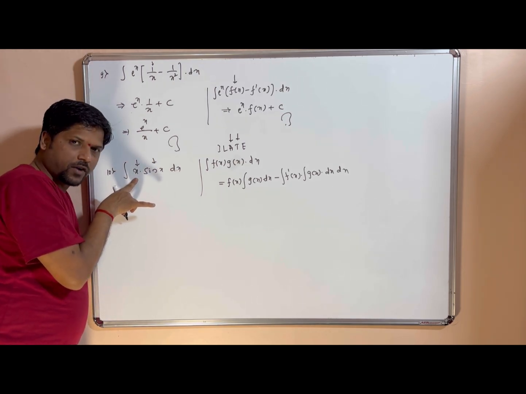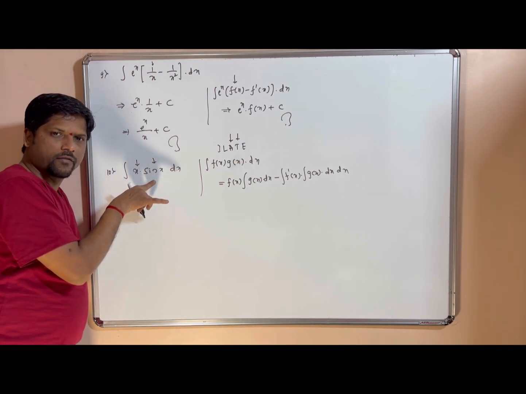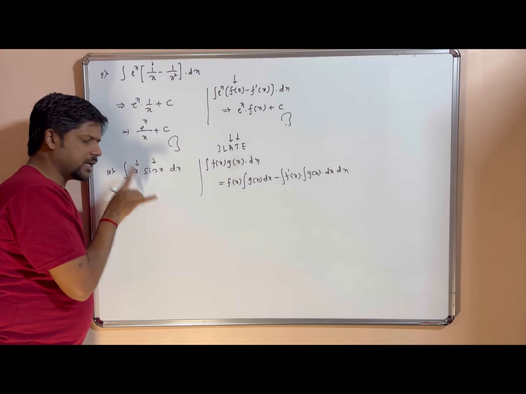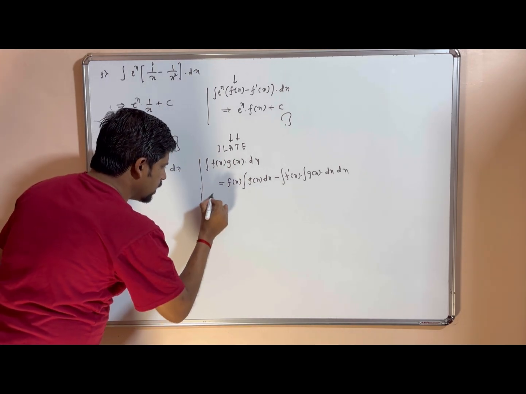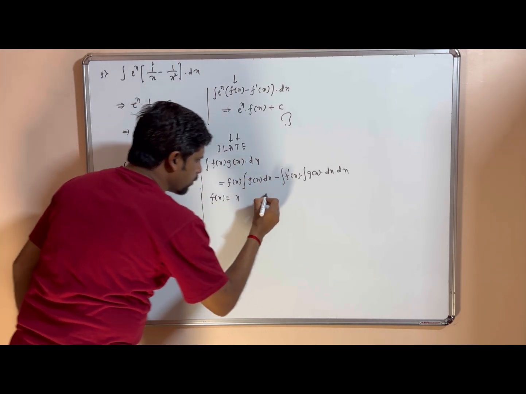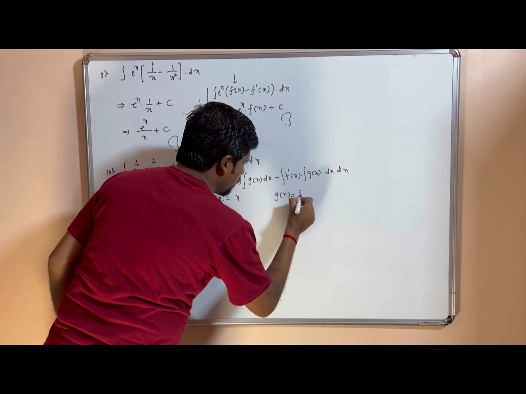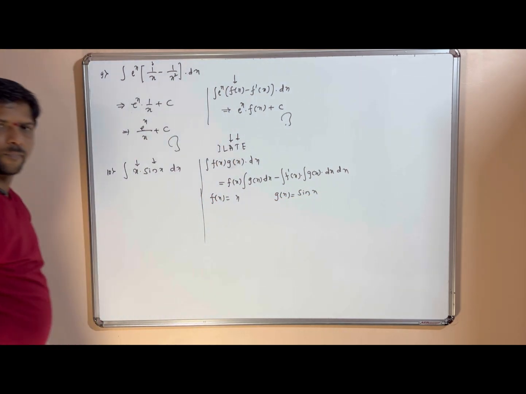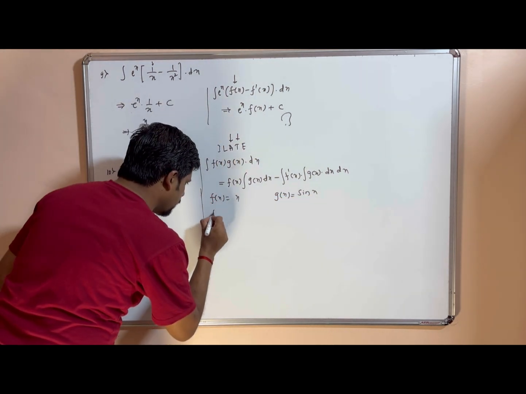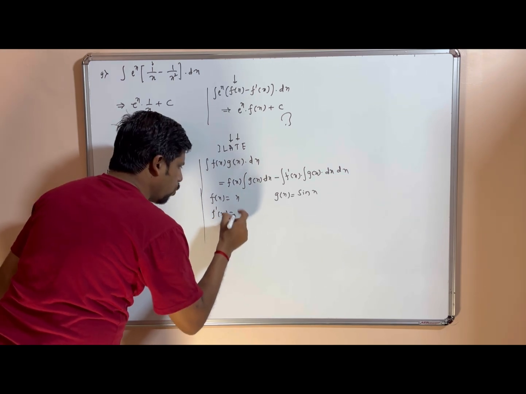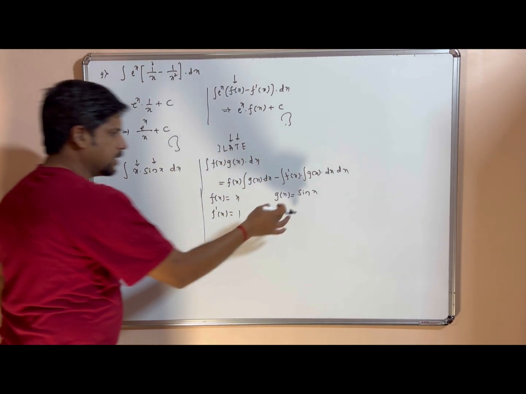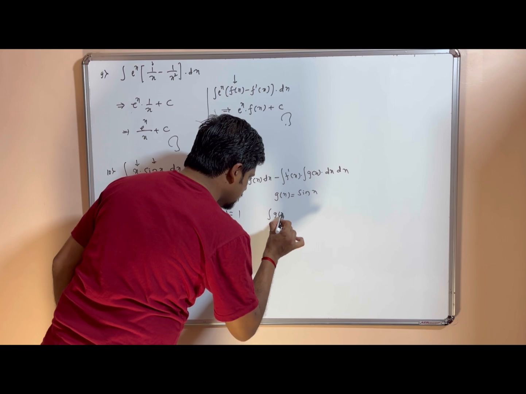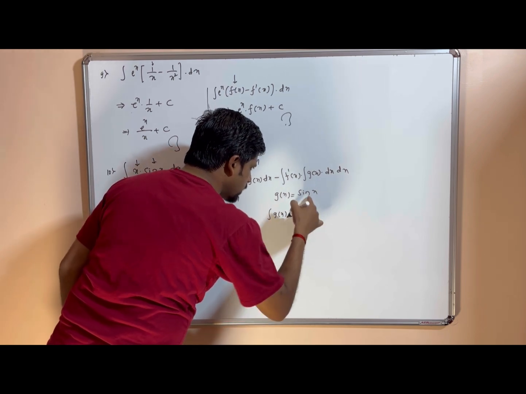x is the algebraic function, sin x is the trigonometric function, right? So we have them in the same form. Here we have f of x is equal to x and g of x is equal to sin x, right? Differentiation of x is 1, right? And integration of g of x, what is the integration of sin x?